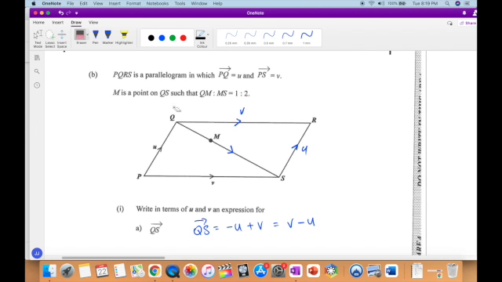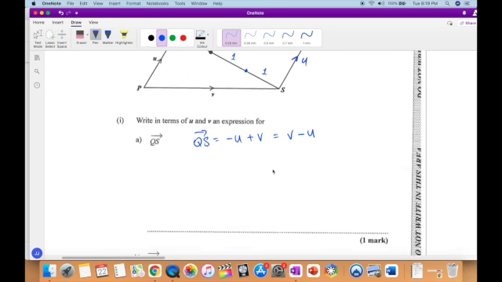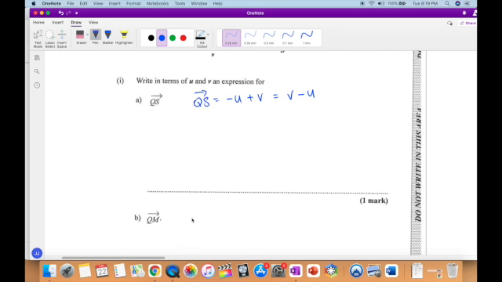So QM is 1 and MS is 2, which means the full thing is 3. So QM is 1/3 of QS.